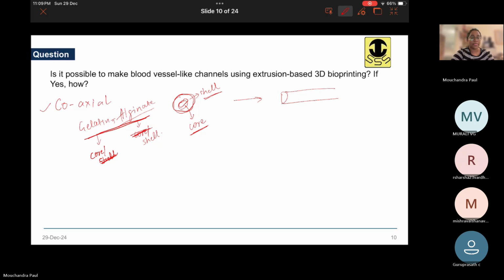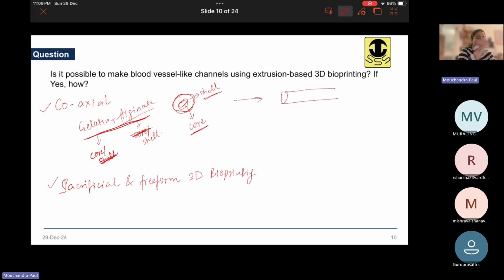Yes, ma'am. Okay. There's another variation of extrusion-based 3D bioprinting that can help you make blood vessel-like channels. That is called sacrificial and free-form 3D bioprinting.